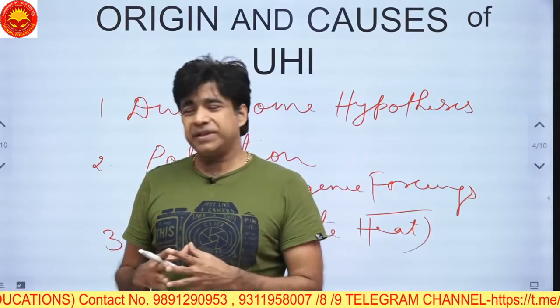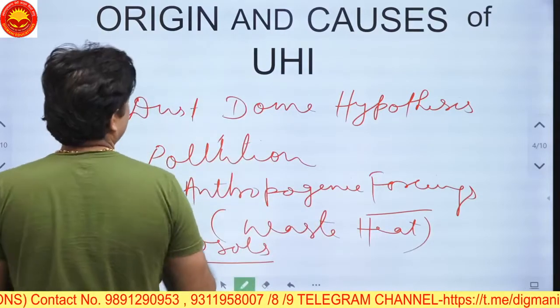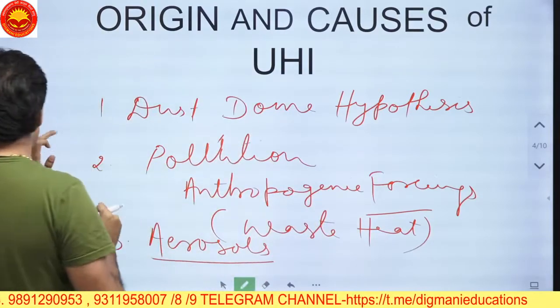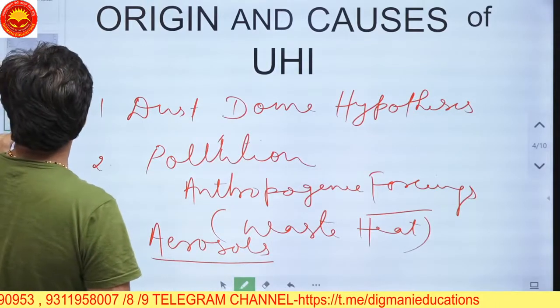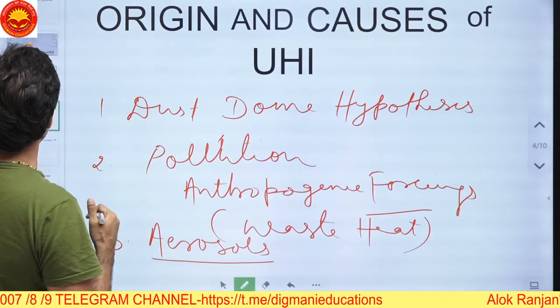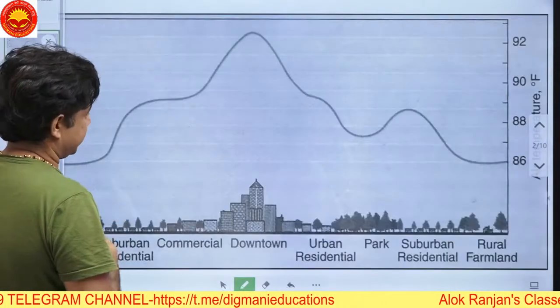So this was the theory on the origin and causes of urban heat island. We have to go short because I have to explain a lot more things which could be asked in your competitive examinations.